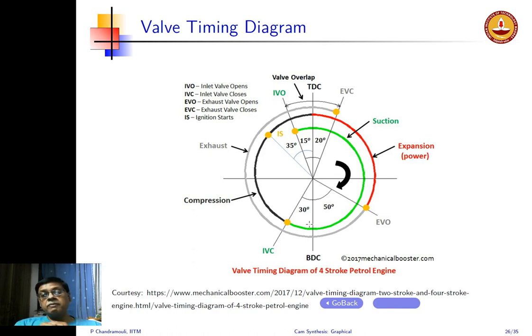And then you have the intake valve closing completely only at 30 degrees past BDC, which means I have a total of 225 degrees. So the intake valve remains open for 225 degrees of crank rotation. The cam, on the other hand, rotates only through half of that, which is 112.5 degrees.